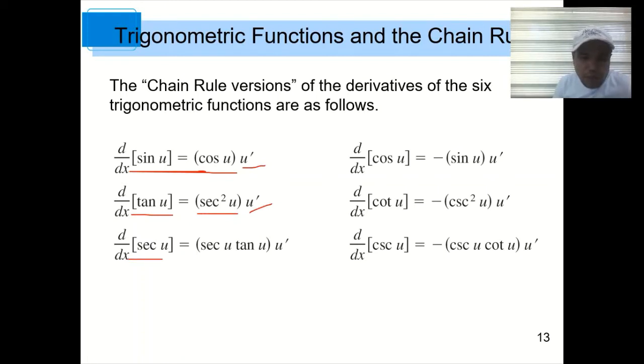Secant u, that will become secant u tangent u, then the derivative of u. If it's cosine u, that will become negative sine u times the derivative of u. So cotangent u is negative cosecant squared u times u prime. Finally, cosecant u will become negative cosecant u times cotangent u times u prime.